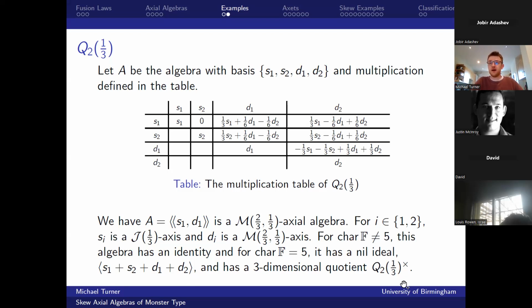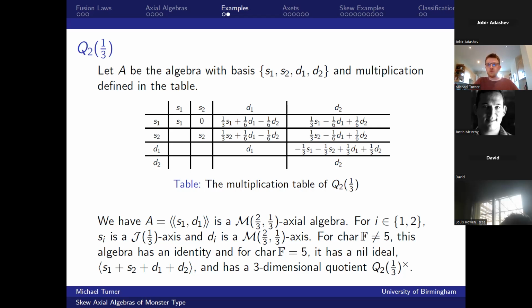This is also an axial algebra of monster type (2/3, 1/3), and it's also 2-generated. Maybe just note, this is just one algebra of a family of algebras. If we take 1/3 to be any beta, then we get an axial algebra of monster type (2beta, beta). However, they're not going to pop up, so I've only defined this algebra.